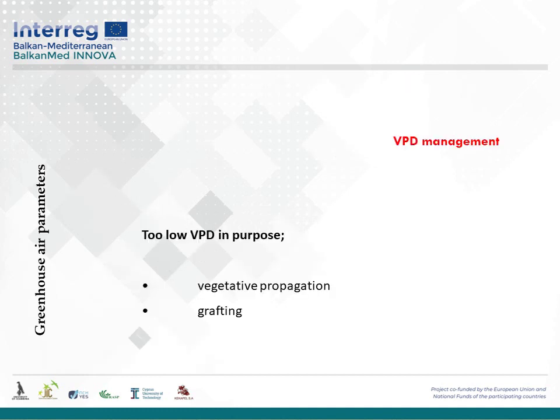As we said, you have to maintain a certain vapor pressure deficit in order to allow some transpiration from the plant. However, there are some specific cases when on purpose we keep the VPD close to zero, which means that we do not allow transpiration from the plant at all.